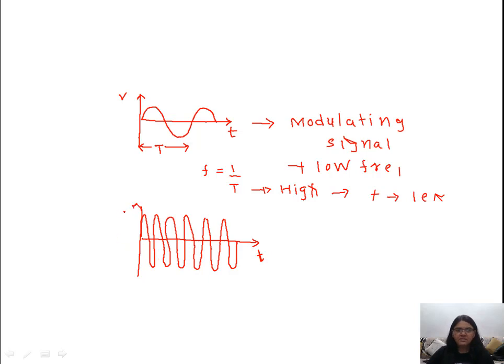So keep in mind the low frequency signal and the high frequency signal. For the high frequency wave, the one cycle duration T is less, so the F value is high, and this is known as the carrier signal. So in modulation, two signals are required.